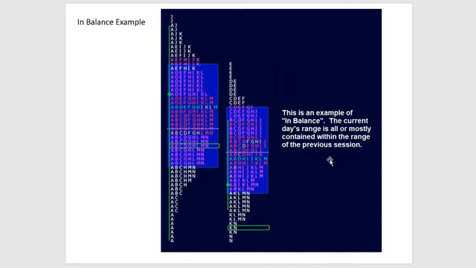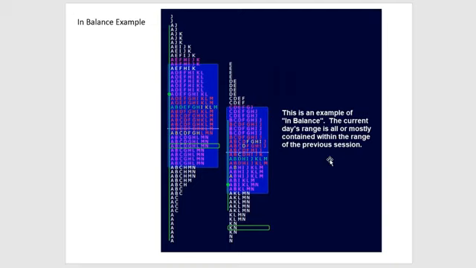And when you get a balancing day that's inside previous balance, more than likely what you're going to get is a rotational day. In other words, there'll be no real direction to the day. You'll get some rotation to the upside, then the market will trade back down. So you'll get a lot of short-term trades in these days, but there's not going to be a lot of big opportunities. Breaking out of balance, on the other hand, can provide a pretty big opportunity.